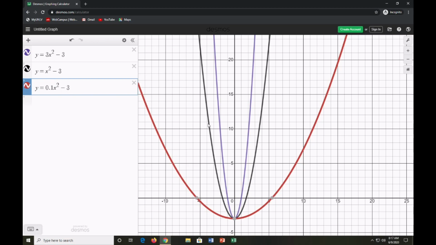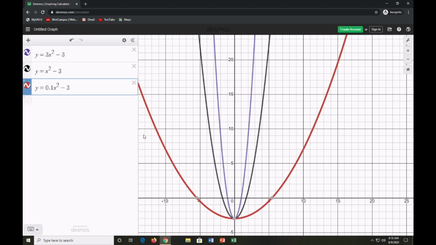And the purple one is when the coefficient of the quadratic term is larger than 1, which is 3 in this case. And the red one is when that coefficient is less than 1, and it's 0.1. Look how much flatter it is than the purple or the black one. Okay, I hope this makes my point clear.